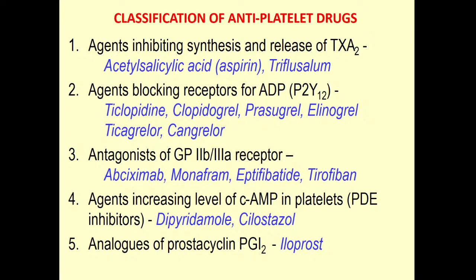PDE is phosphodiesterase, the enzyme cleaving cAMP. Inhibition of this enzyme causes increase in concentration of cAMP: dipyridamole and cilostazol. And the last, fifth group, analogs of prostacyclin PGI2: iloprost.